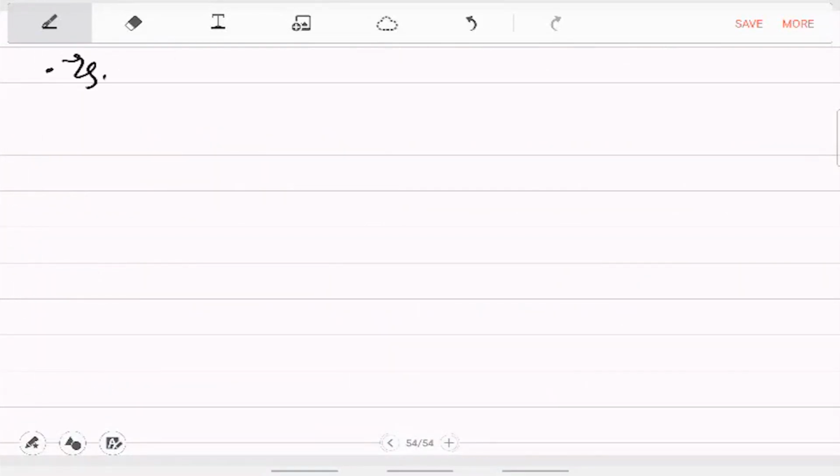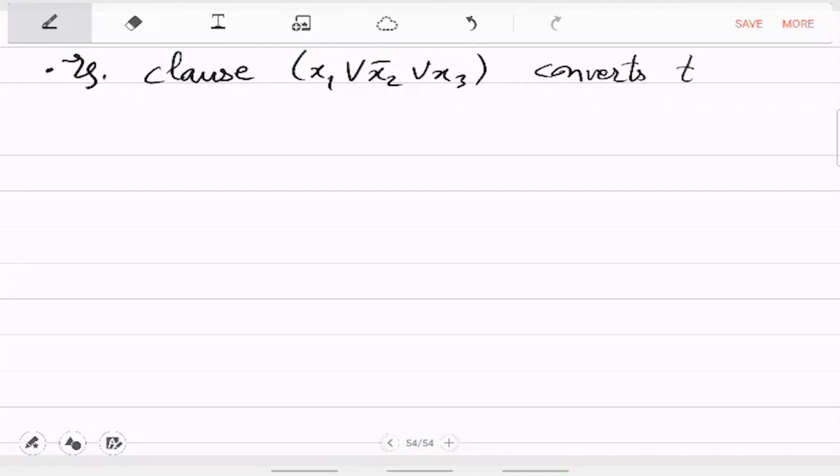Okay, let's do that. So for example, if the clause is x1 or x2 bar or x3, then you can write it as follows. First of all, we want x1, x2, x3 to be between 0, 1. Right, that is the first thing we want, because we want to identify xi's as false and true.